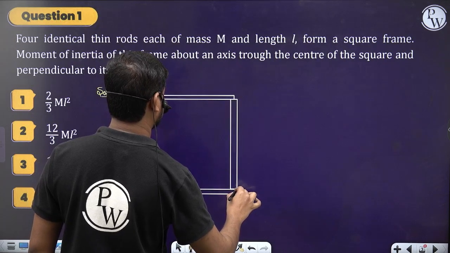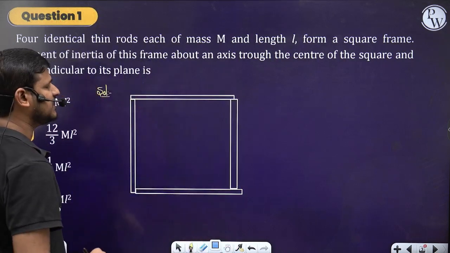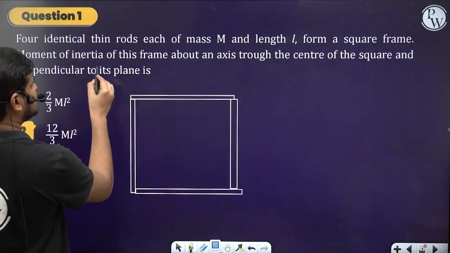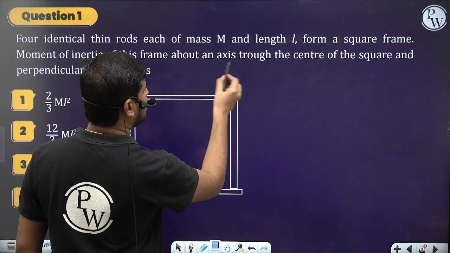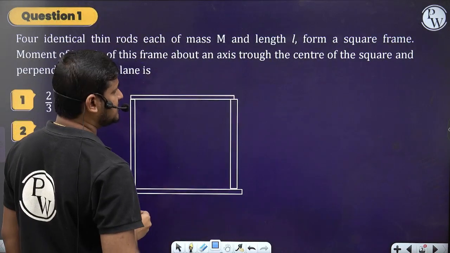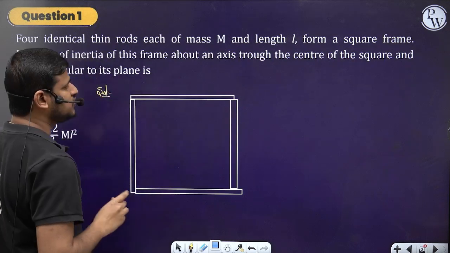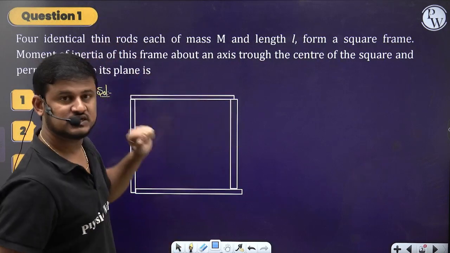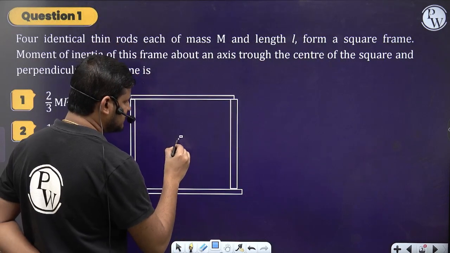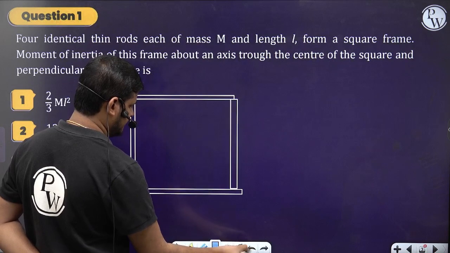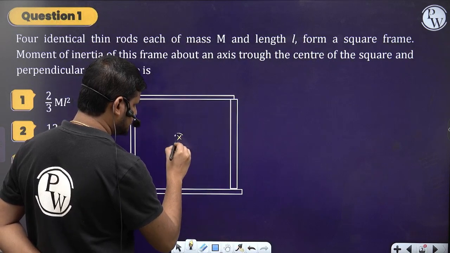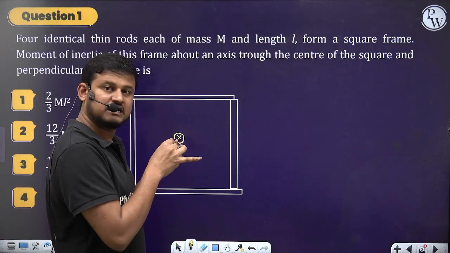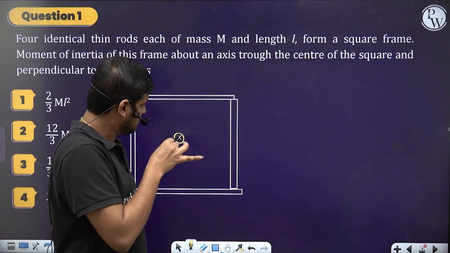Like this there are 4 identical rods, so their length and mass are the same, and they form the square. Now, the moment of inertia of this frame about an axis through the center of the square and perpendicular to its plane. This square is made up of 4 identical uniform rods. So we have to find its moment of inertia about this point, which is passing through the square perpendicularly like this.